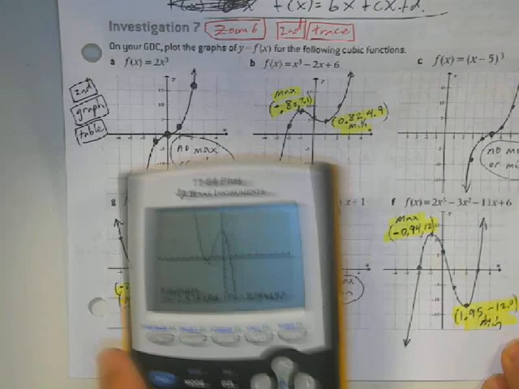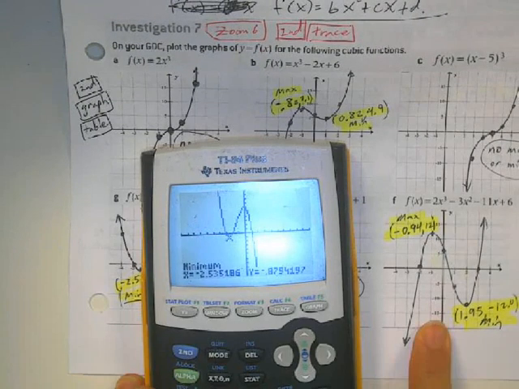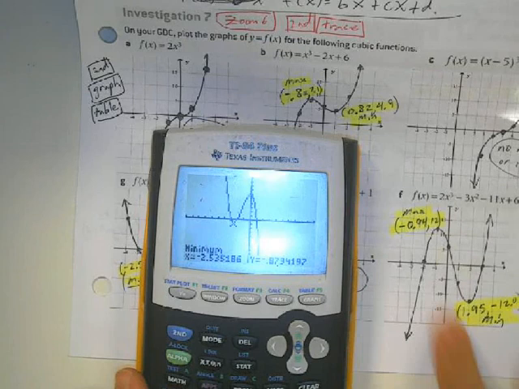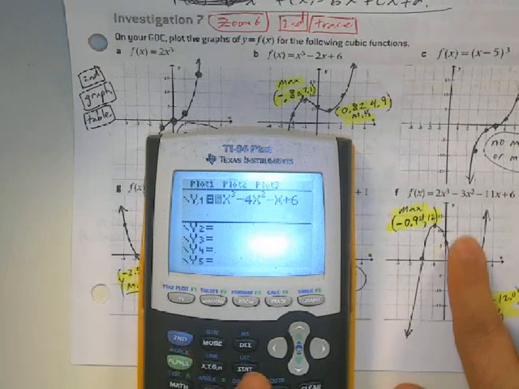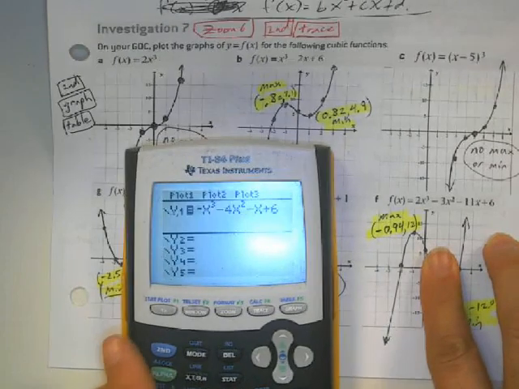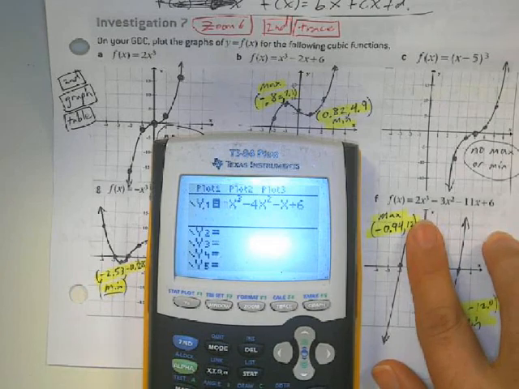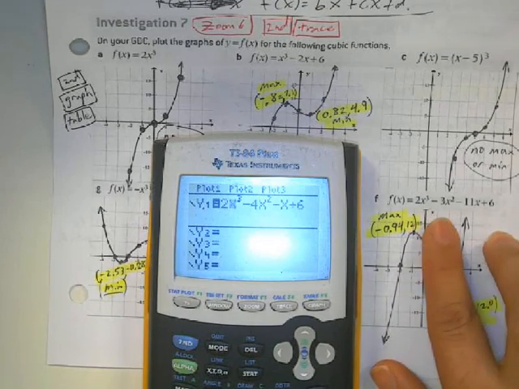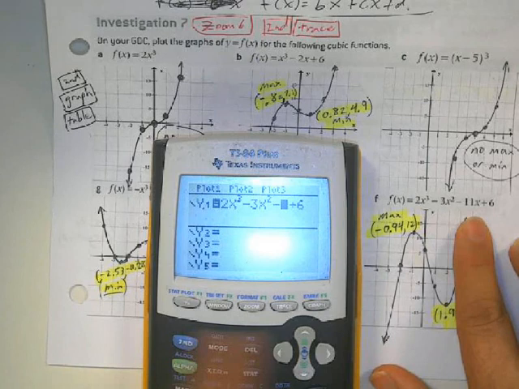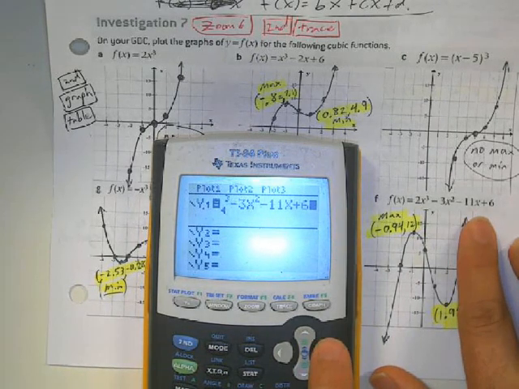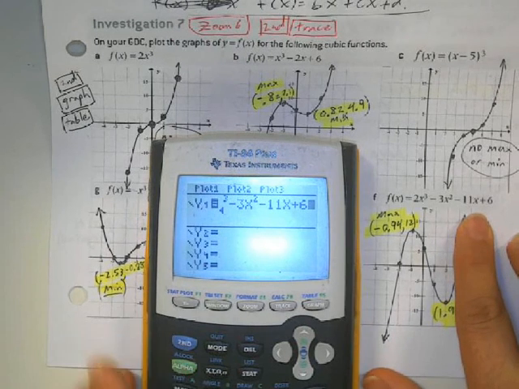The only other thing to know here is that I had to change the window on this one. When we type it in, we get 2x cubed minus 3x squared minus 11x plus 6.